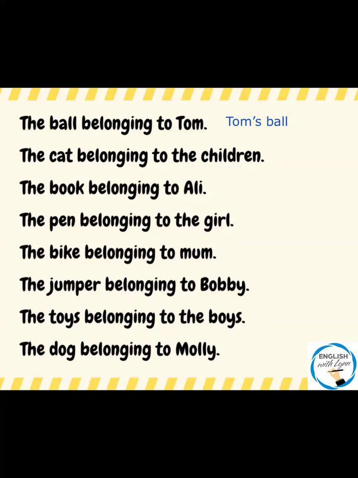It is the children's cat. So I'm following the rule. I've got the word children, and then I put an apostrophe S, and then I just write the word cat, okay? And then I've got the book that belongs to Ali. Again, it is someone's name, so I would just put Ali, then an apostrophe, then an S, and then the word book.